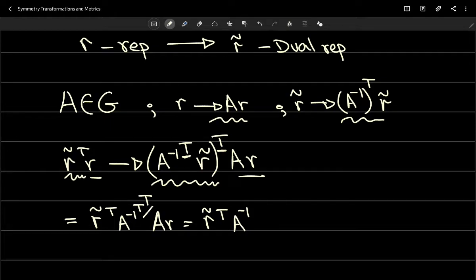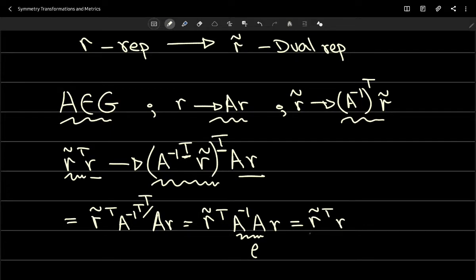These two transposes would cancel each other out, and you have A R, right? Now recall that this thing is simply identity. That is because we said that A belongs to a group. A is a transformation that belongs to a group, and one of the properties of a group, if you remember, is that A inverse composed with A is the identity, right? And so this thing would then be equal to R tilde transpose R.